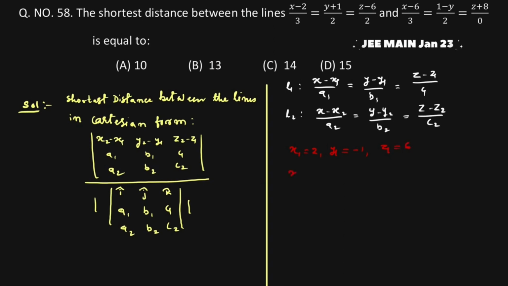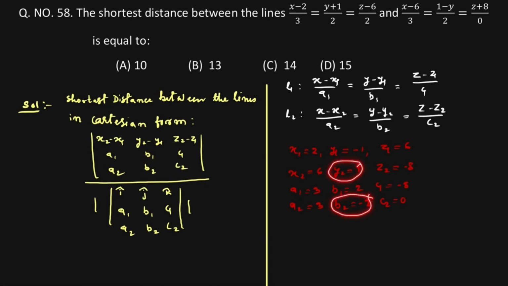Similarly, x2 equal to 6, y2 equal to 1, z2 equal to minus 8, a1 equal to 3, b1 equal to 2, b2 equal to minus 2, and c2 equal to 0. We have to take care while taking the values of y2 and b2, which we will take from here.